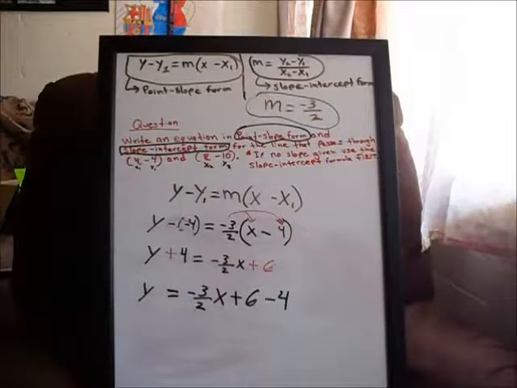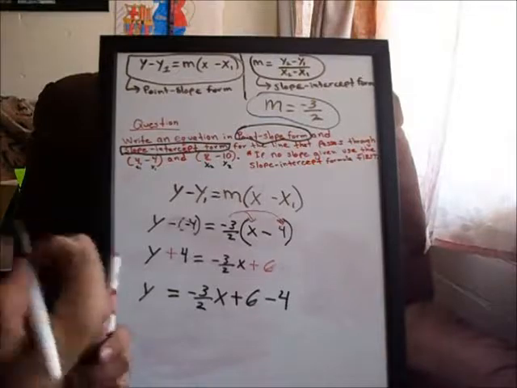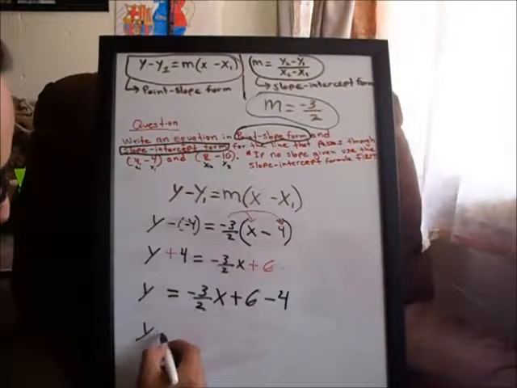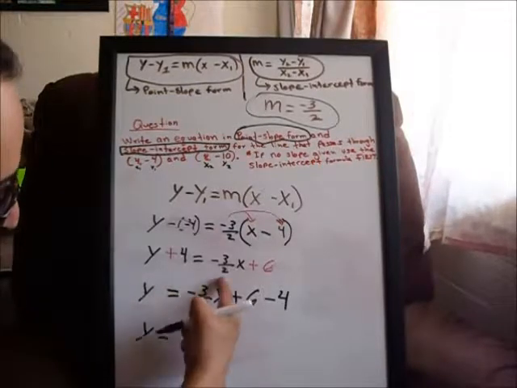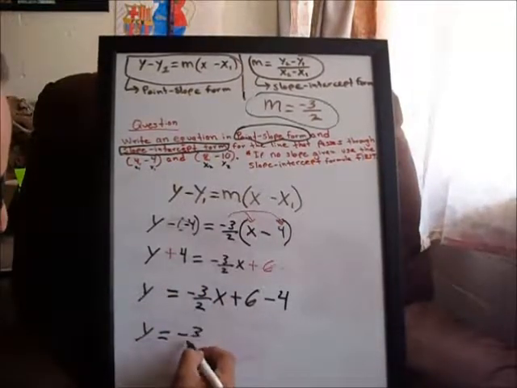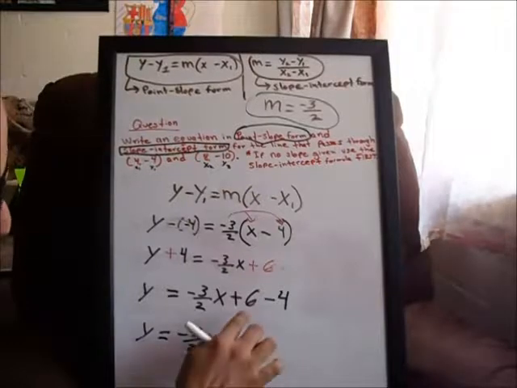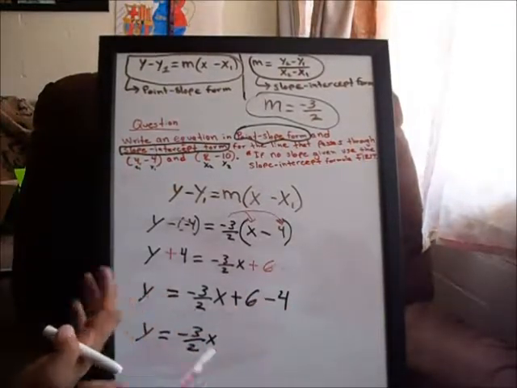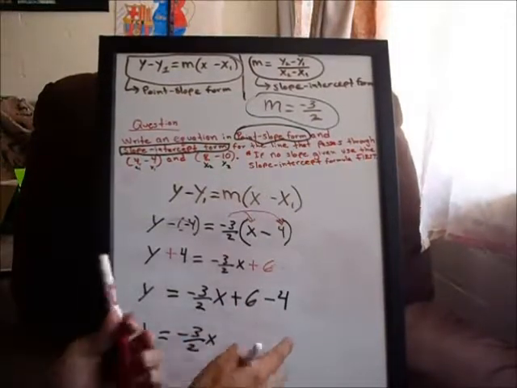See that? Ooh, but there's still one more step. Bring it down. Bring these two guys down. Notice that these two numbers can be combined. They're like terms. So positive 6 and negative 4.